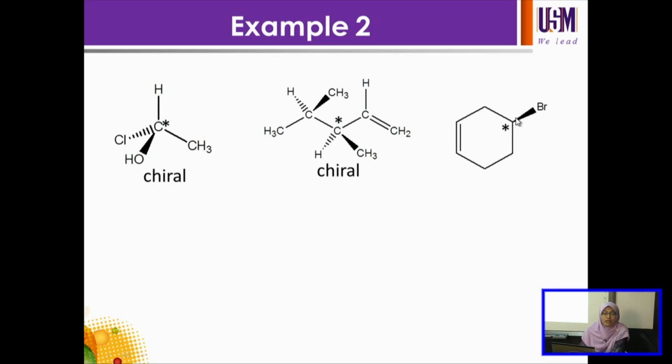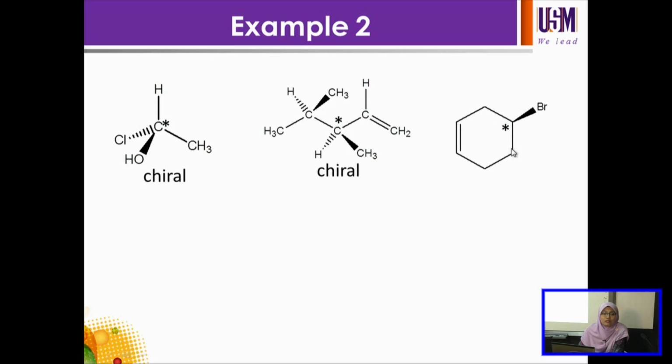When we say that it is attached to 4 different groups, it does not mean that it is attached to 4 different atoms. You have to differentiate here. For example, in the cyclic molecule, here we have bromine and one is hydrogen, which is not shown. So here we have 1 group. Why? Because now we have CH2, CH2 also here, and then we have a double bond here.